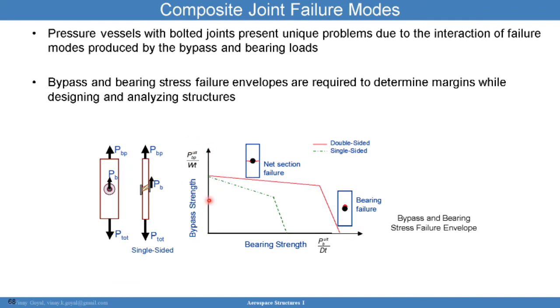The y-axis here is bypass strength, the x-axis is bearing stress, and the curve I'm showing here is the bypass strength bearing strength interaction. So if the bypass stress, or the skin stress, and the bearing stress, which is the load that the bolt applies onto the composite, if that combination of loads is outside of this red envelope, you get failure. So that's what this red line is. If I'm along this red line above, you get net section failure.